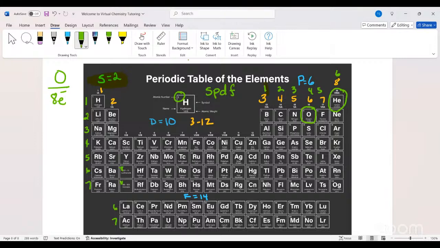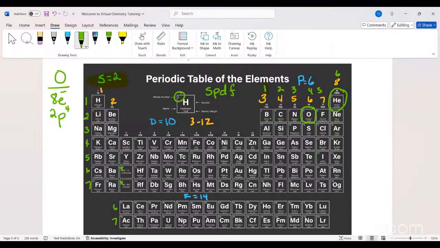It's in the second period. You see that green 2 and you slide on over? It's in period 2. What block, what neighborhood is it in? It's in the P neighborhood. And which part of the P's is it located in? It's in the fourth one. If you count over 1, 2, 3, 4, it's in the fourth one.